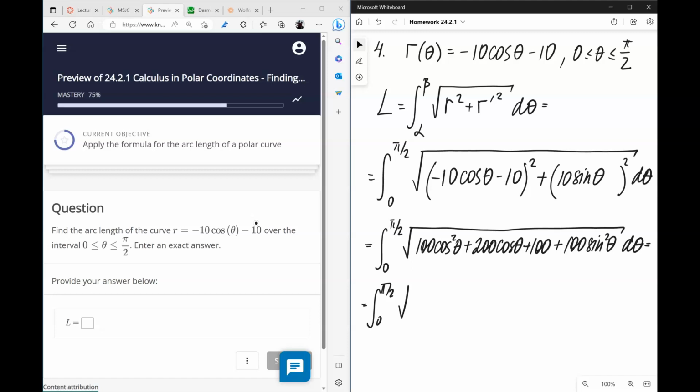Continue. So 100 cosine squared theta plus 100 sine squared theta is just 100. So we have 100 plus 100, that's 200.